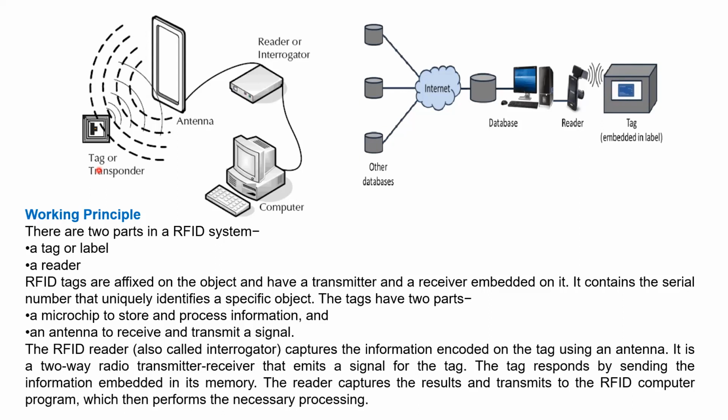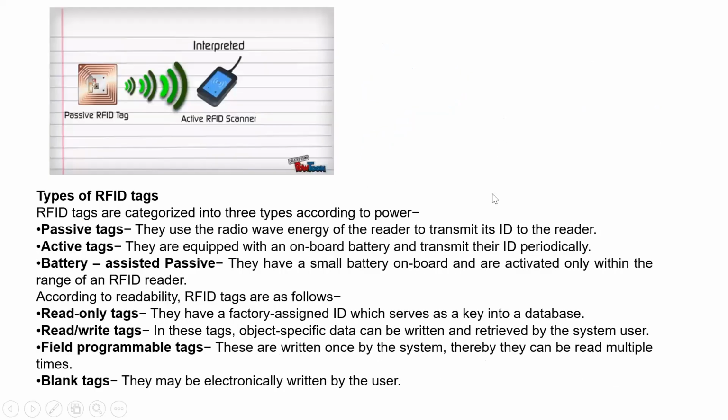So the elements of an RFID system are important. You must know the function of the tag, the function of the reader, and the function of the computer in an RFID system. As far as your examination is concerned, you must know the block diagram also. Okay, so now let us move ahead.